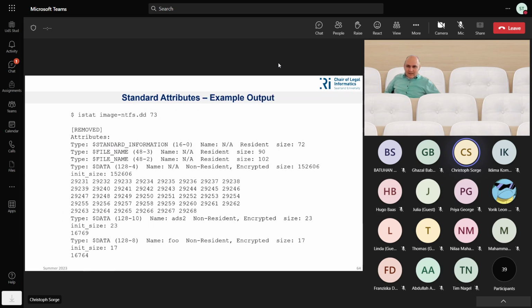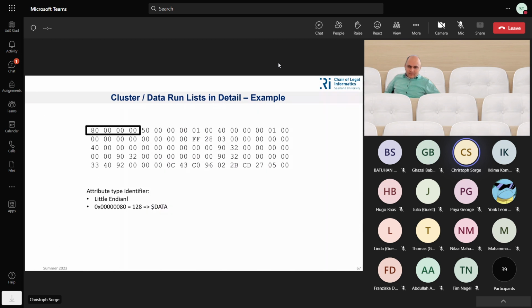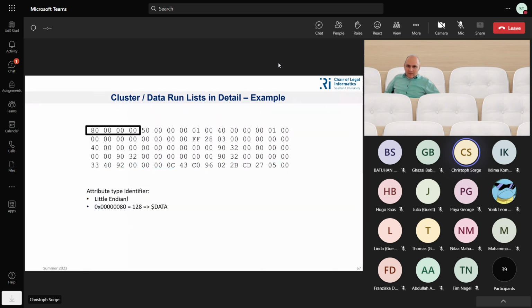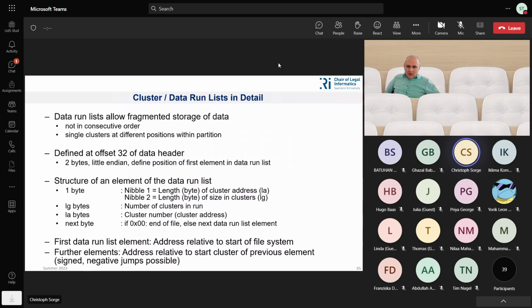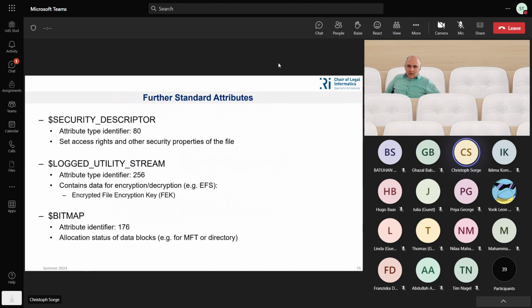So we have to define the cluster runs, and we had a closer look at cluster runs, or data runs, to be more precise, run lists. So a number of runs stored consecutively, and we looked at an example, which is also a common task for the exam, where of course we would supply you with the contents of that slide if you had to do that in practice.